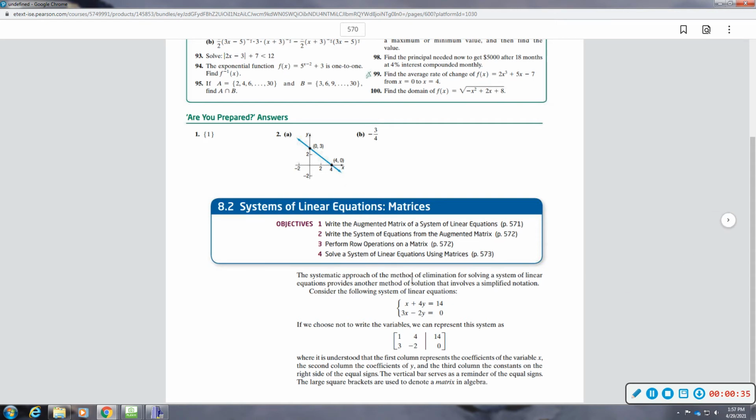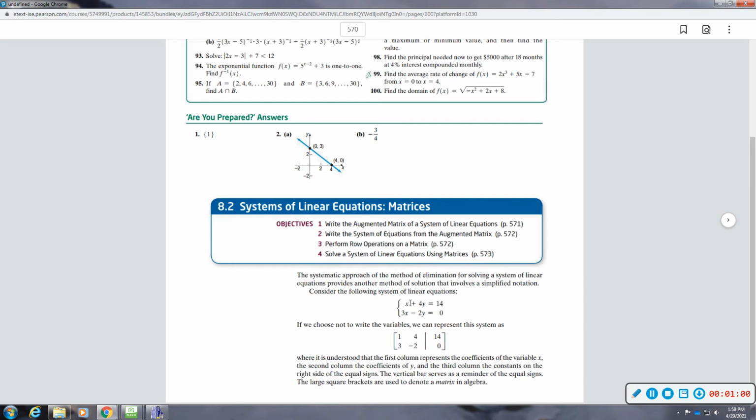So first we see two equations. Here we have x plus 4y equals 14, and then we have 3x minus 2y equals 0. The augmented matrix only deals with the coefficients of the variables.